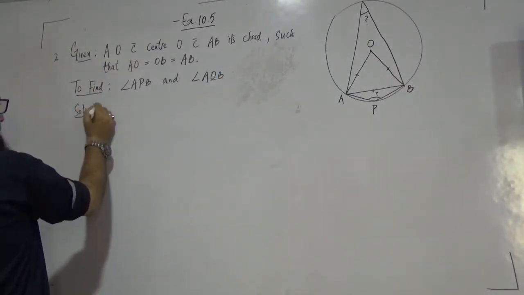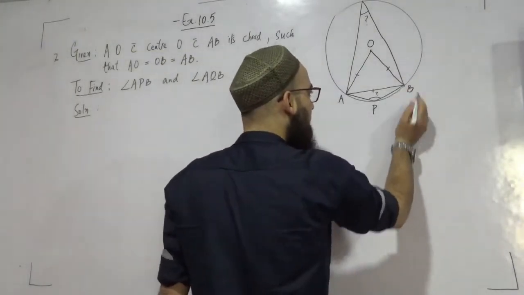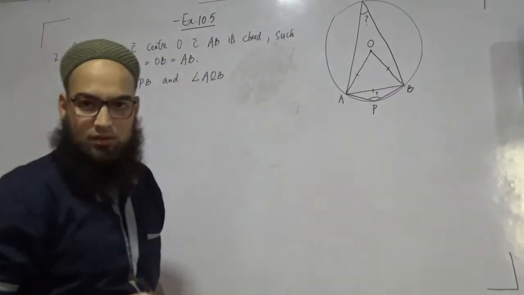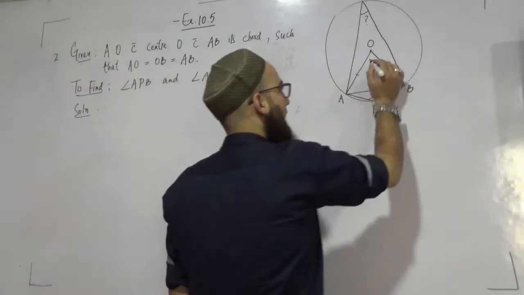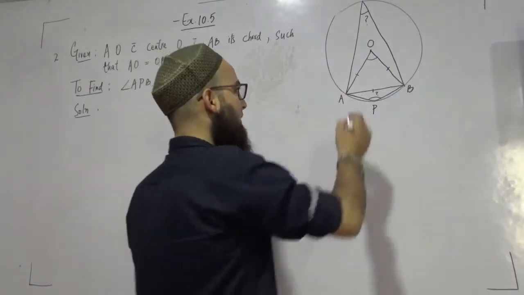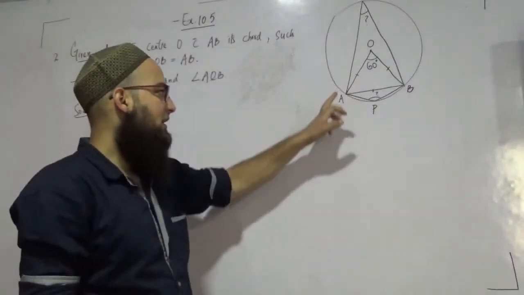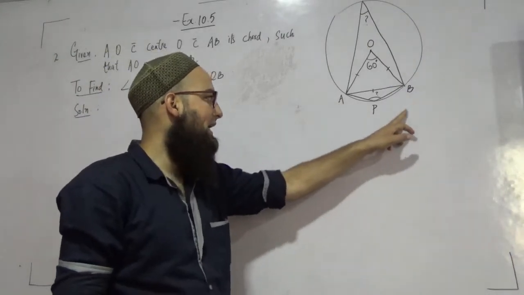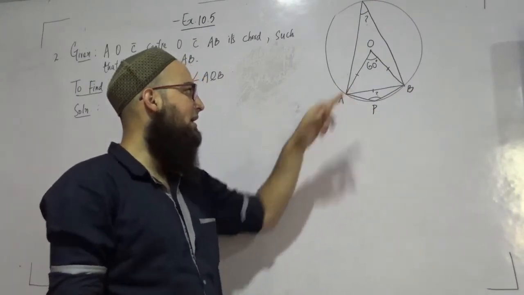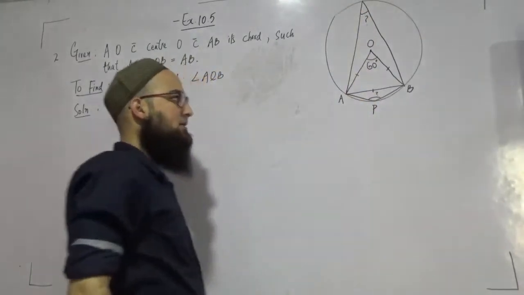Solution. Let's see. You know all three sides are equal. It's an equilateral triangle. You know angles in an equilateral triangle are 60 degrees each. That means this angle is 60 degrees. Now if this is 60 degrees, consider the minor arc AB. The angle subtended by minor arc AB at the center is 60 degrees, so it will be twice the angle subtended by it on the remaining part of the circle.